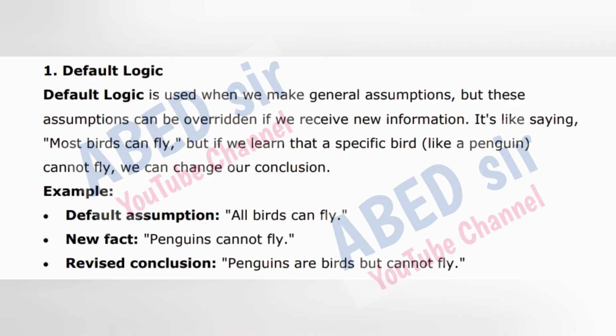It's like saying, most birds can fly, but if we learn that a specific bird, like a penguin, cannot fly, we can change our conclusion. Example: default assumption, all birds can fly. New fact, penguins cannot fly. Revised conclusion, penguins are birds but cannot fly.